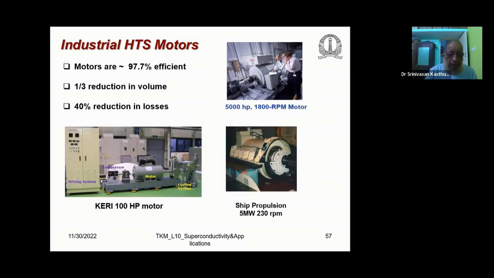For example, a 100 HP motor is shown here, this sort of size. And a 5000 HP, 1800 RPM motor is this one. Similarly, the ship propulsion 5 megawatt, 230 RPM motor is shown here.